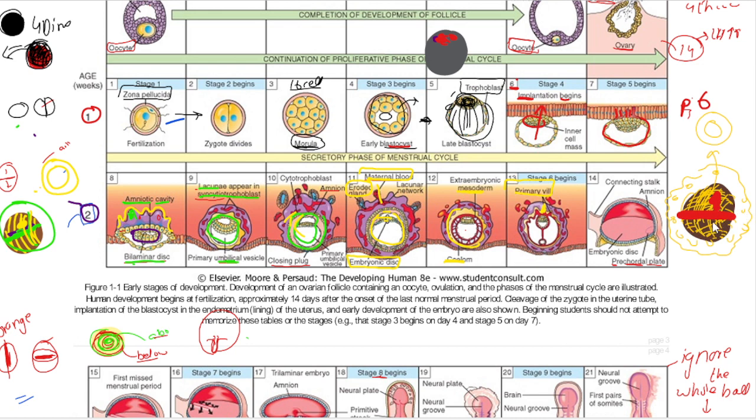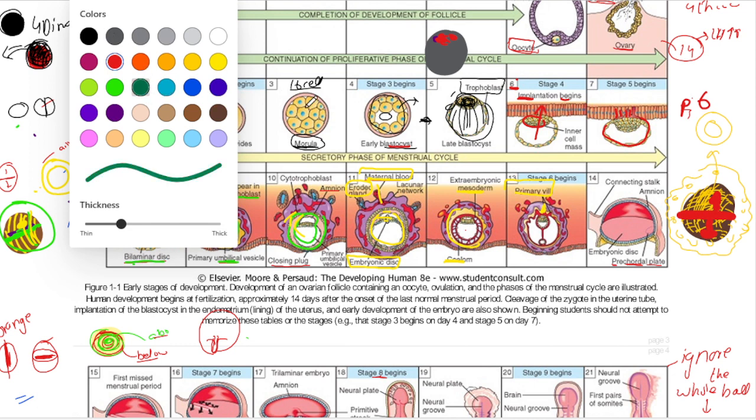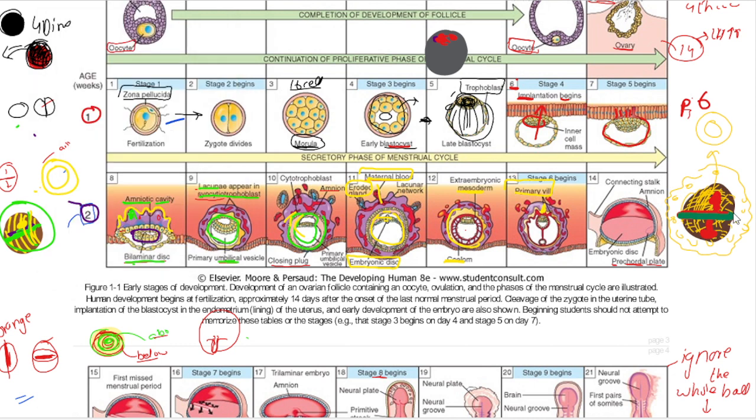Now between them, there is a thing that is called the bilaminar disc or embryonic disc. For example, this division layer is called the bilaminar disc. There are two layers in the bilaminar disc, with the space above the disc and the space below the disc.